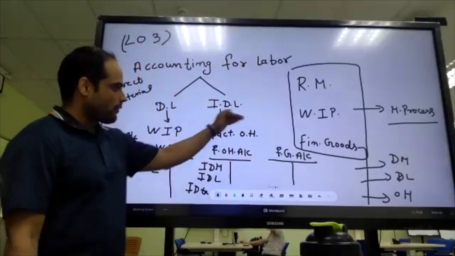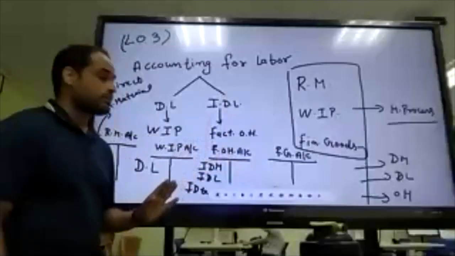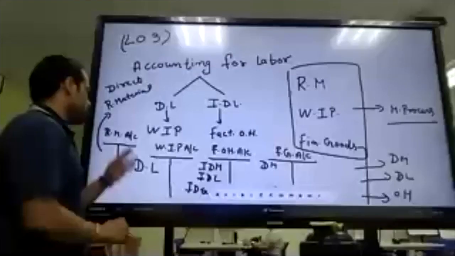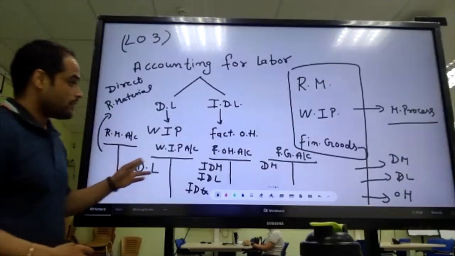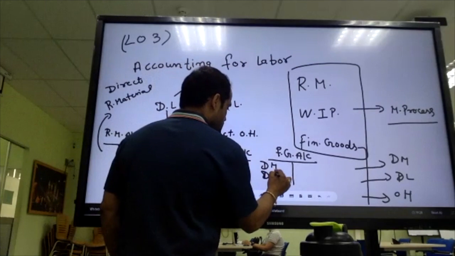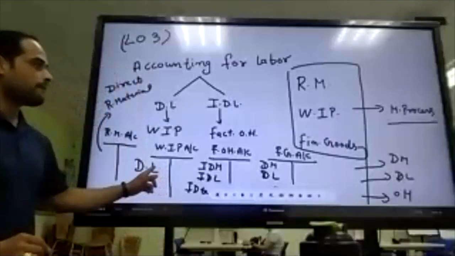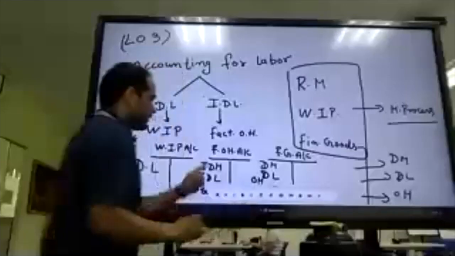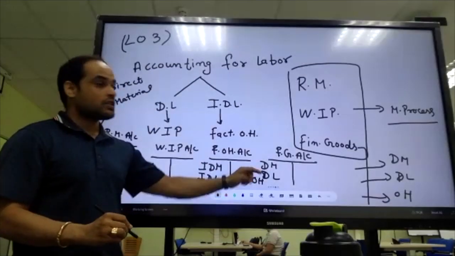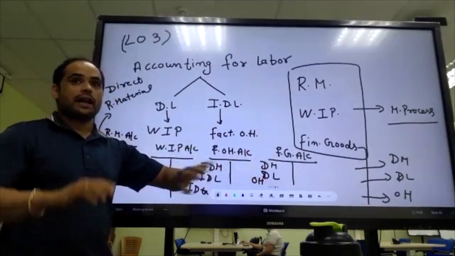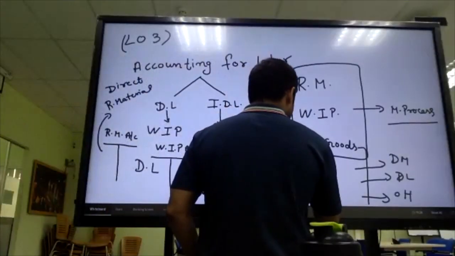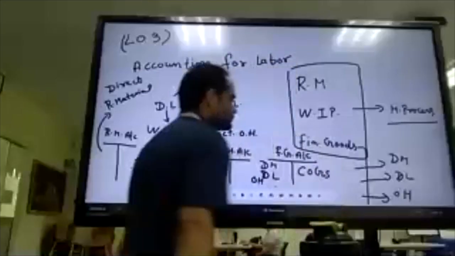So all this information transfers to finished goods. Direct material comes from here, direct labor comes from here, and overheads come from overheads. So it's finished goods, and finished goods will transfer to cost of goods sold.